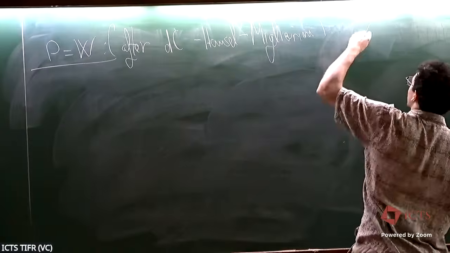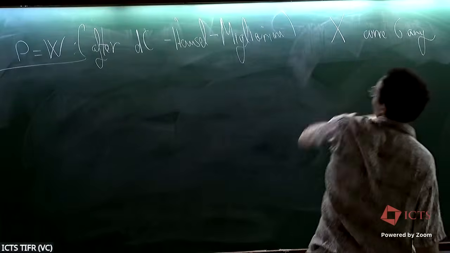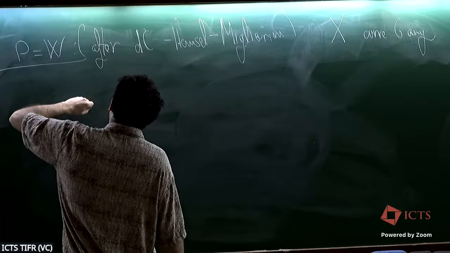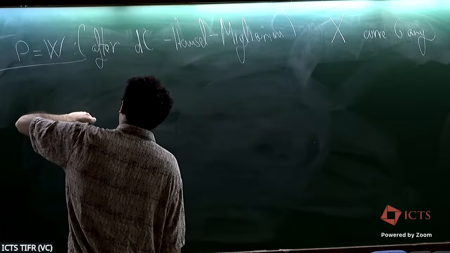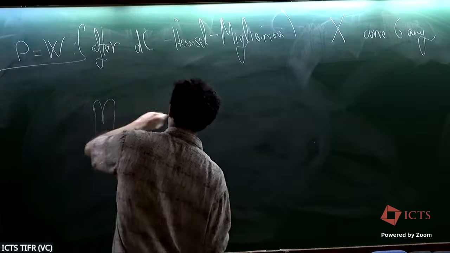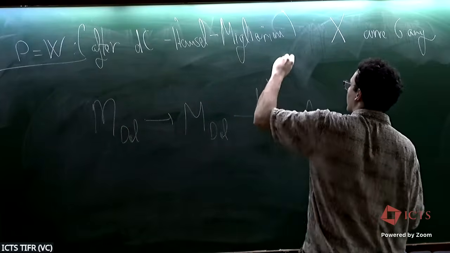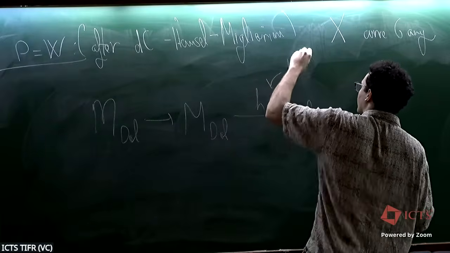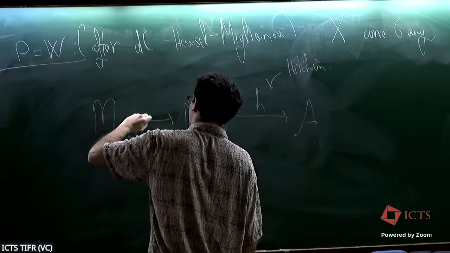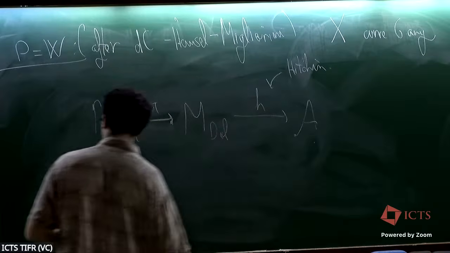So for this, we need to assume that X is a curve, but G is any. And so we're going to take M Dolbeault mapping to its good moduli space. And then we can consider the Hitchin fibration, which is proper, and we can call pi this good moduli space.